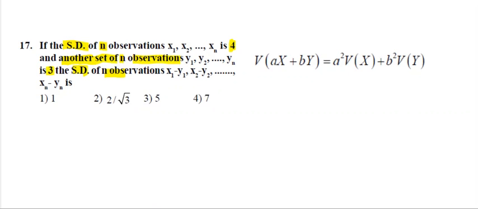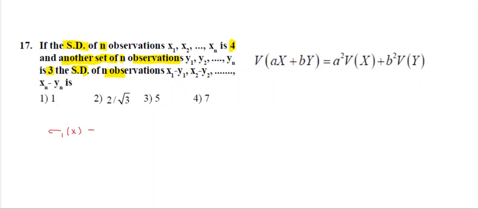So here we know the formula. Variance of ax plus by is equal to a square into V of x plus b square into V of y. Students, here sigma 1 of x is given.